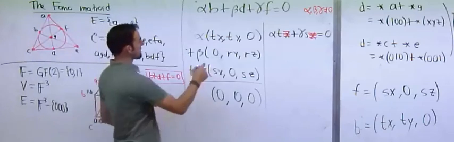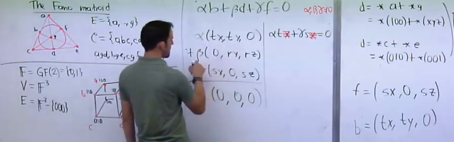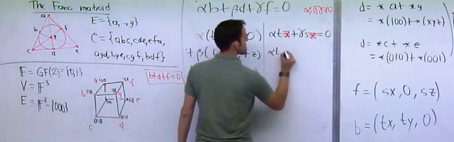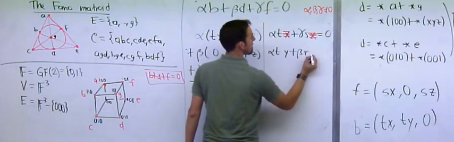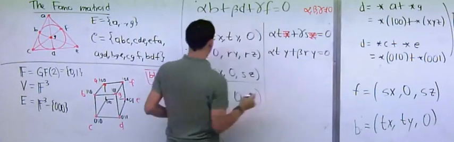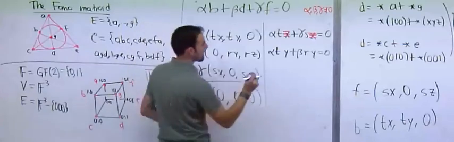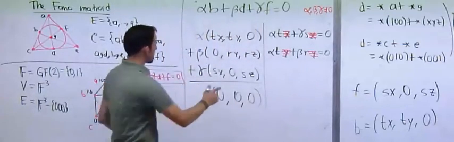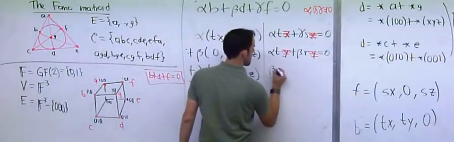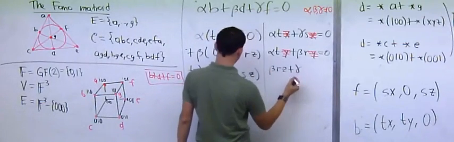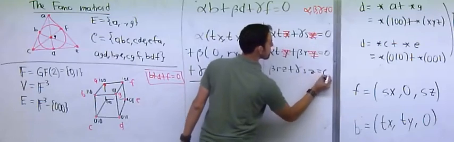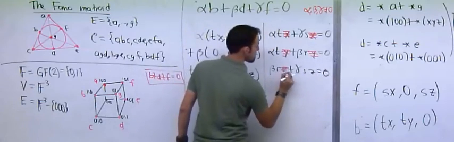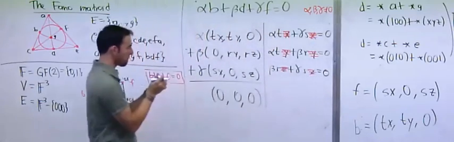The second one says alpha Ty plus beta Ry is equal to 0. And again, I divide by y, which is not 0, and I get this. And the last one says beta Rz plus gamma Sz equals 0. And then I divide by z, and I get 0.